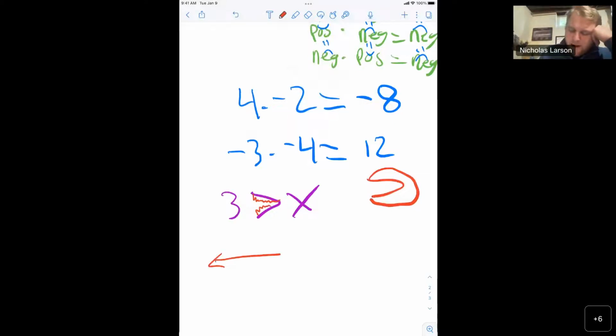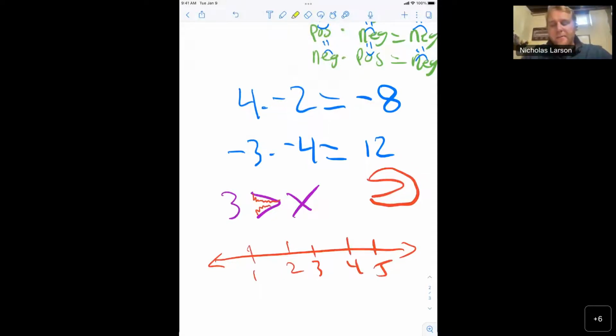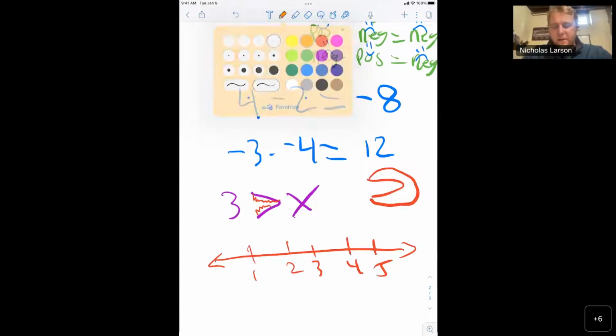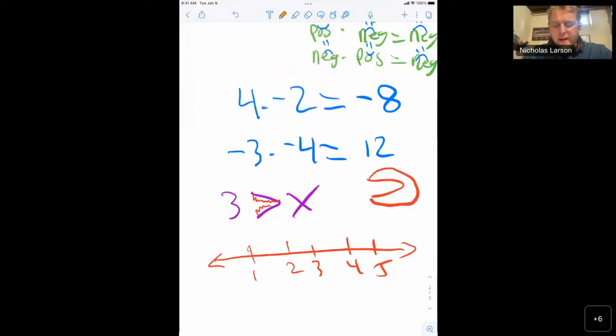So how we graph inequalities is we have to do something called shading, because there is a range of numbers here that our answer could be. Our answer could be a lot of different numbers. So this says 3 is greater than x. Now, if it does not have an equal sign, I use an open circle, which means it cannot equal 3.